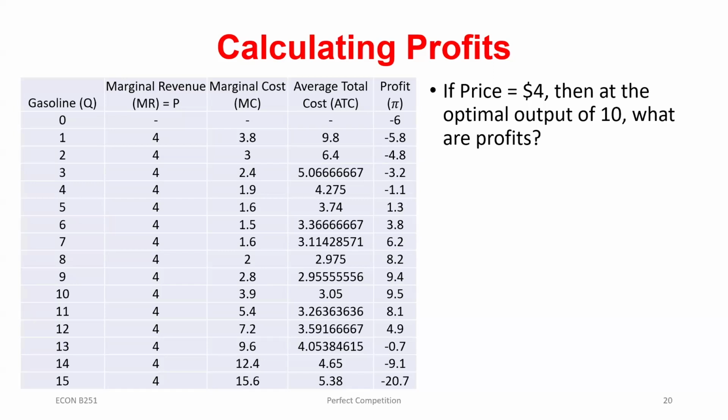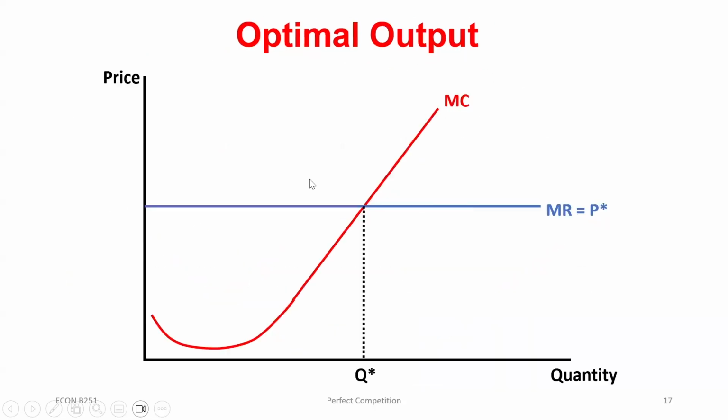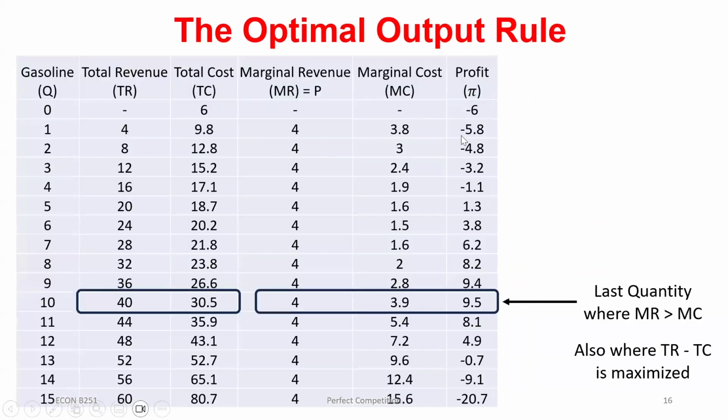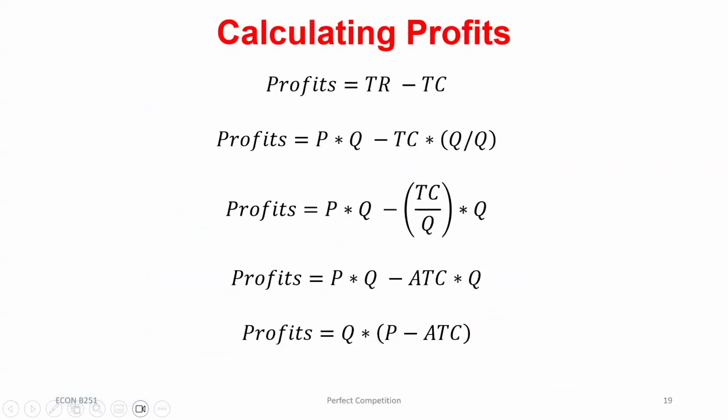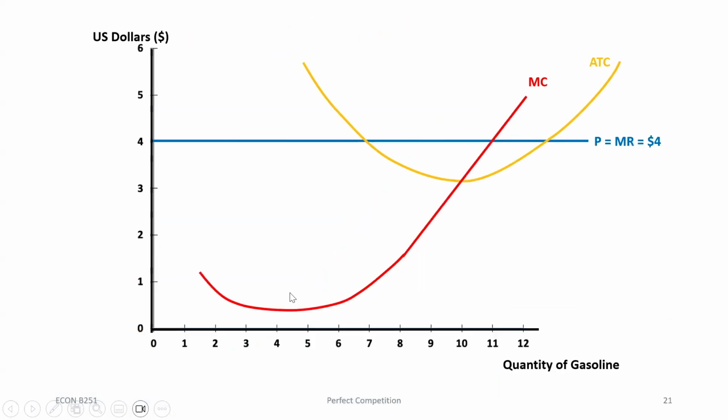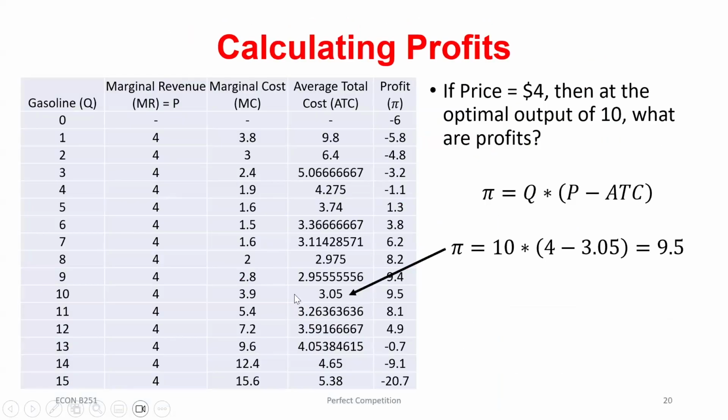So either equation should produce the exact same values. I can look at total revenue minus total cost, or I can look at where marginal revenue is greater than or equal to marginal cost, that last value, and calculate profits by price minus average total cost times the number of units I'm selling. I get that exact same value.